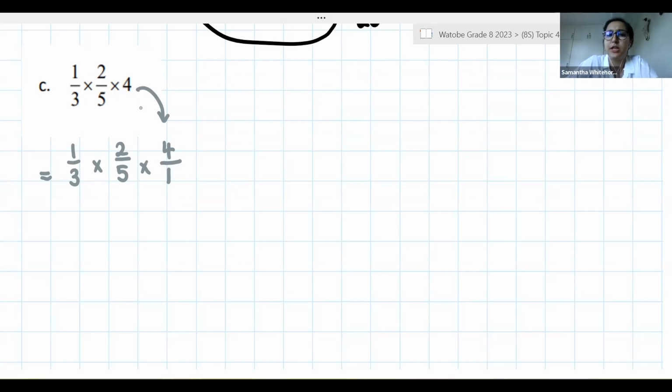And just double check your multiplication. People are so loud.